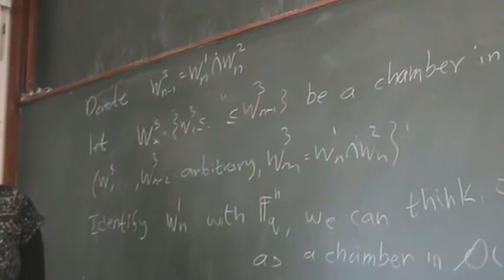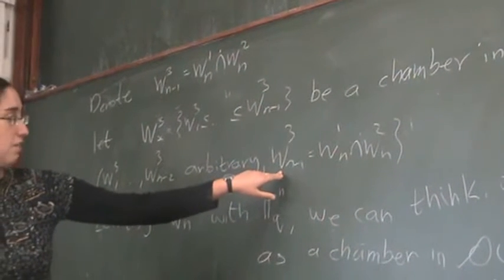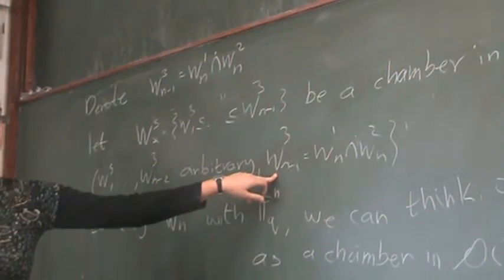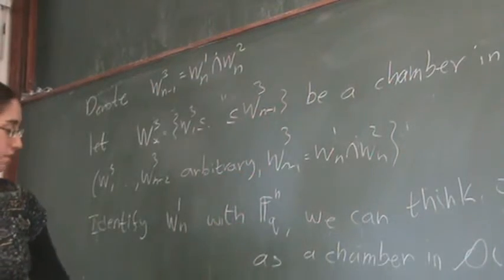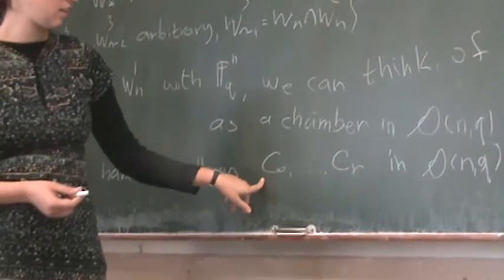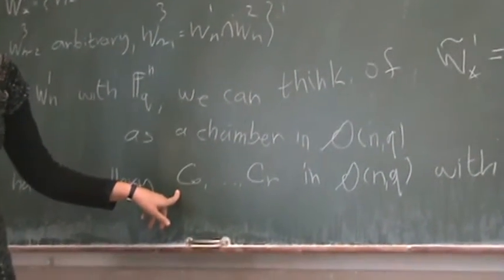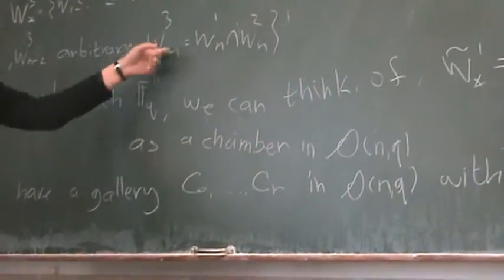We can take a specific W3, and actually the first gallery can be of length n minus 1. Just take the intersection.